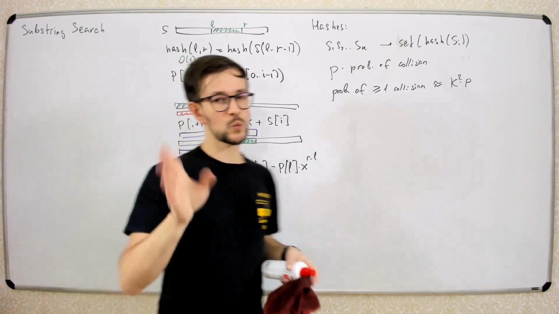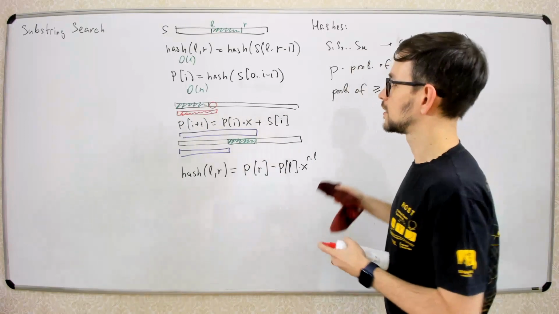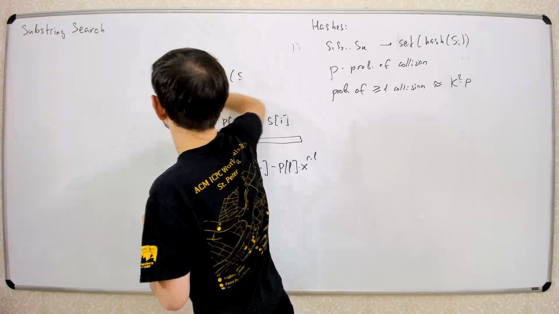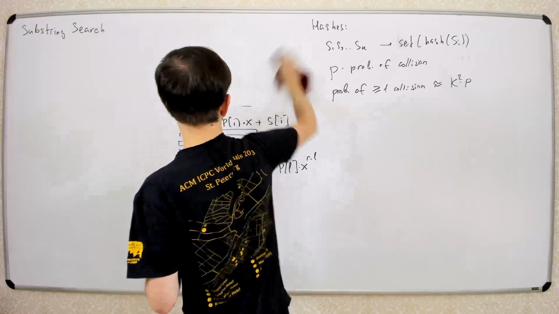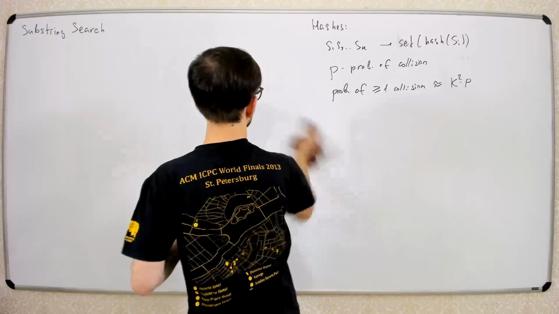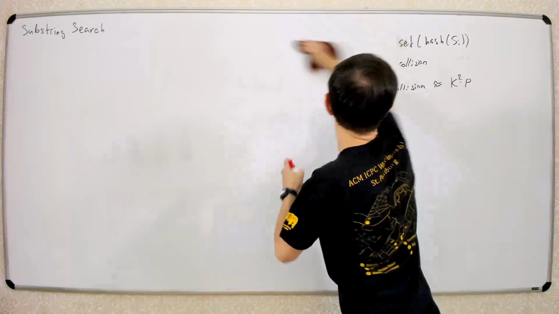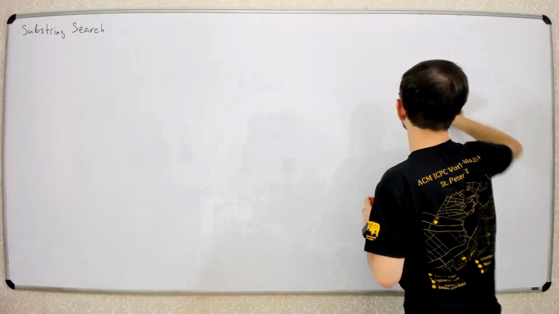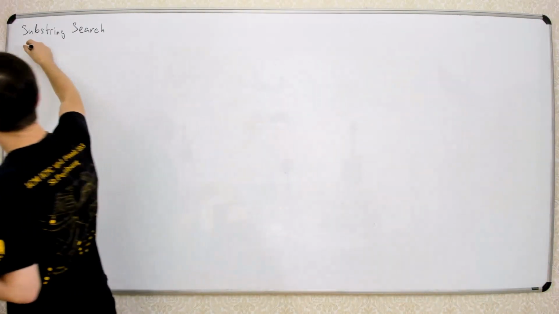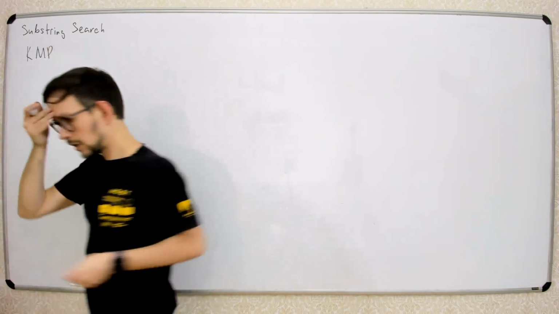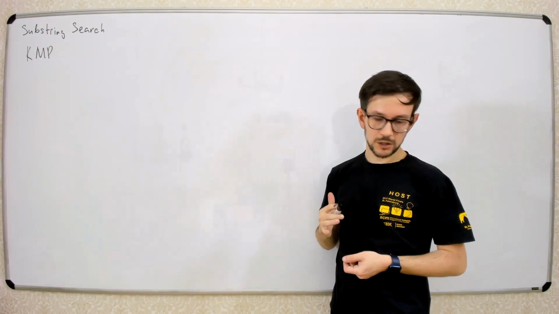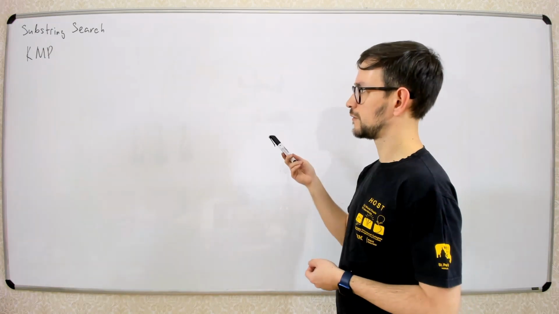So the first general algorithm we'll discuss is the Knuth-Morris-Pratt algorithm, one of the most classical algorithms about strings. I believe Knuth actually co-invented this algorithm.